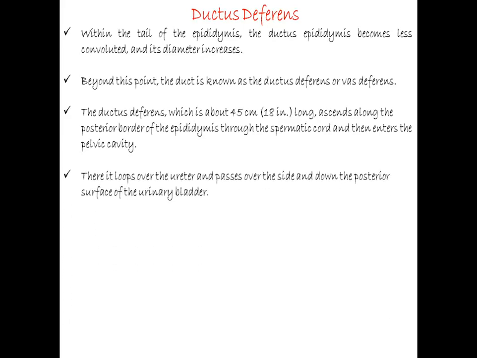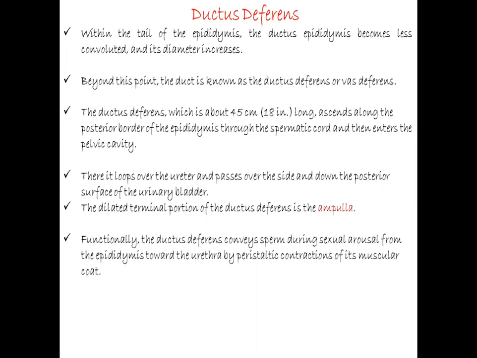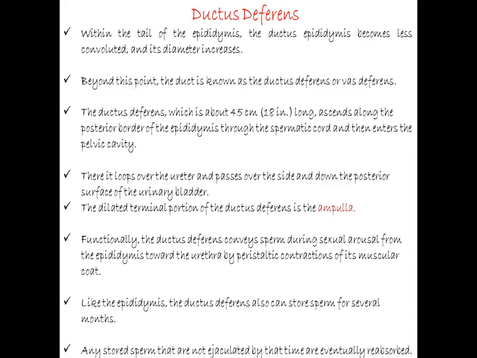There it loops over the ureter and passes over the side and down the posterior surface of the urinary bladder. The dilated terminal portion of the ductus deferens is the ampulla. Functionally, the ductus deferens conveys sperm during sexual arousal from the epididymis toward the urethra by peristaltic contraction of its muscular coat. Like the epididymis, the ductus deferens can also store sperm for several months.